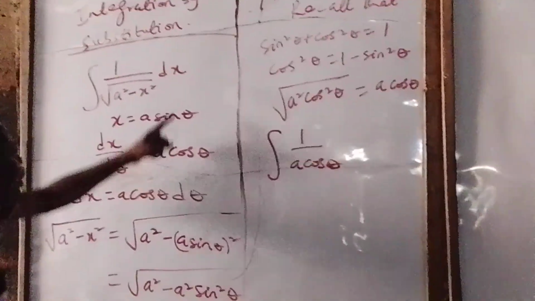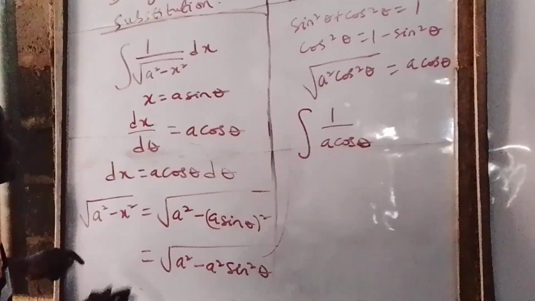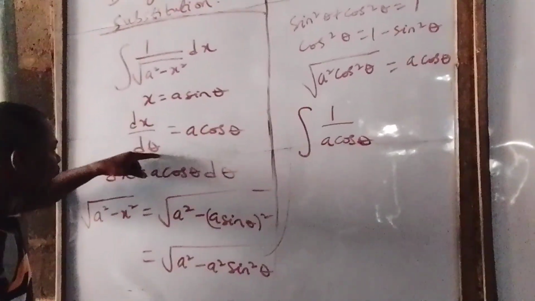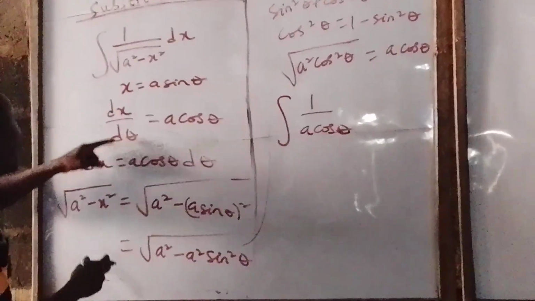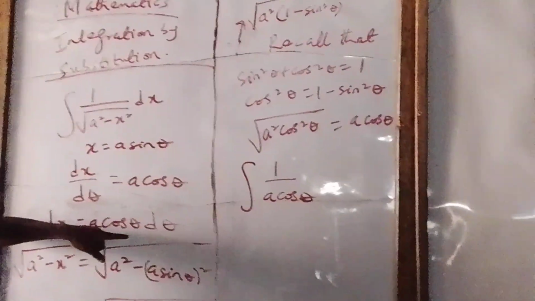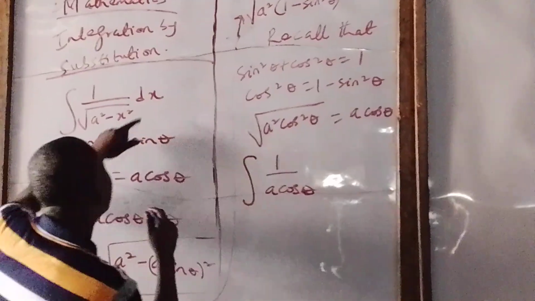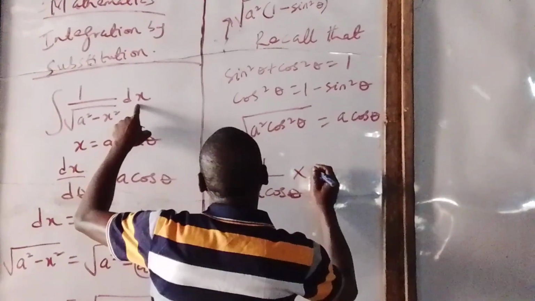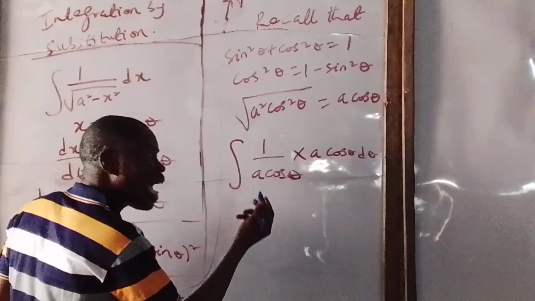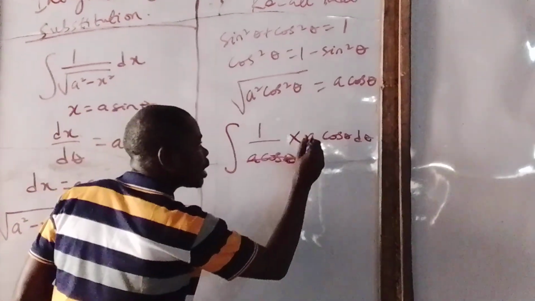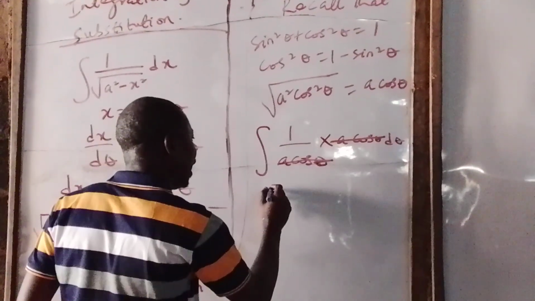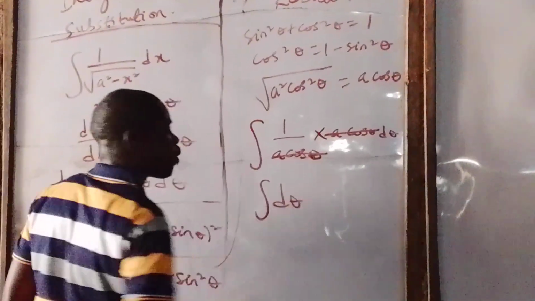Then, if you remember vividly, I made dx the subject of the formula from the onset: dx becomes a cos theta dθ. So I will now replace dx with a cos theta dθ. The next line of action is that a cos theta cancels out a cos theta. So what is left in the integral is dθ.